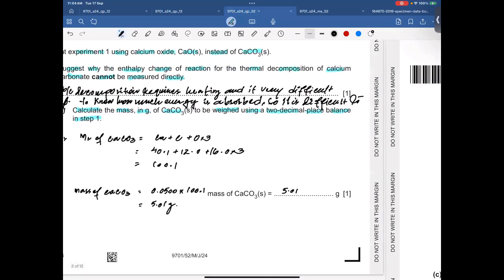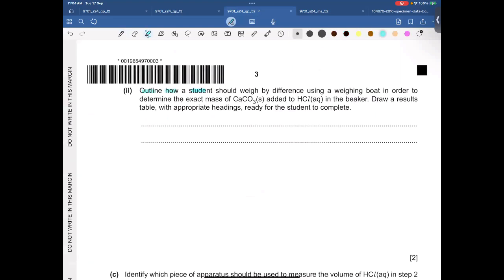Next, outline how a student should weigh by difference using a weighing boat in order to determine the exact mass of calcium carbonate added to HCl in the beaker. Draw a results table with appropriate headings ready for the student to complete.